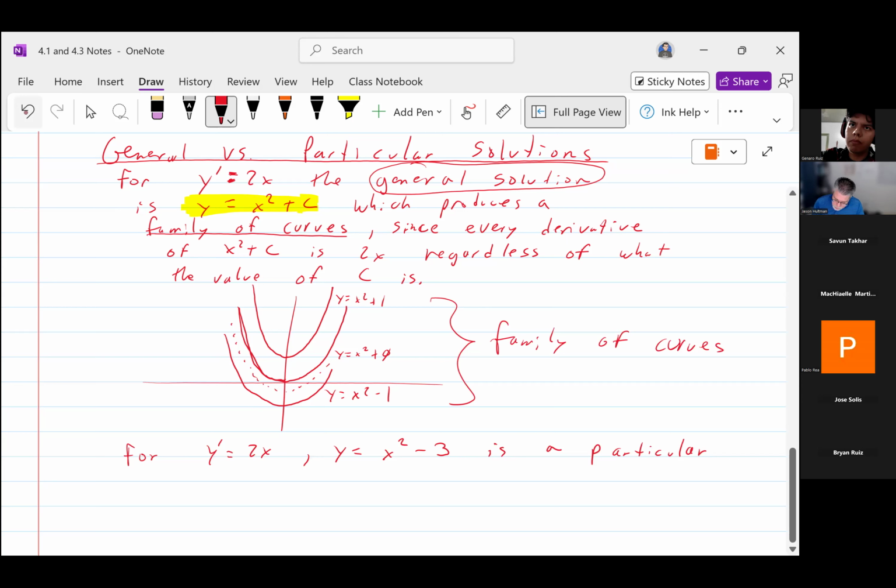It is one curve picked out from the family. It's one particular solution for the differential equation.